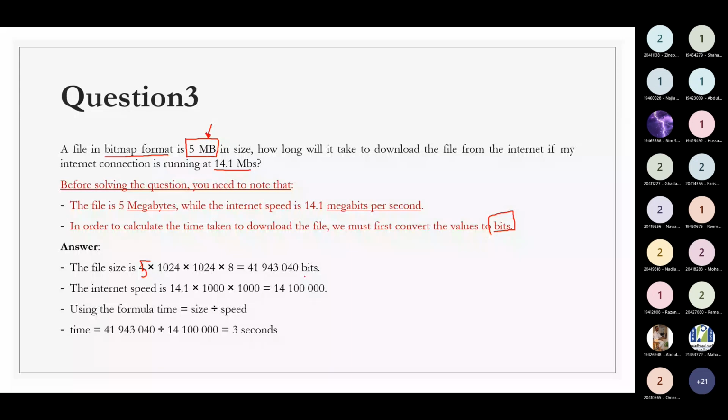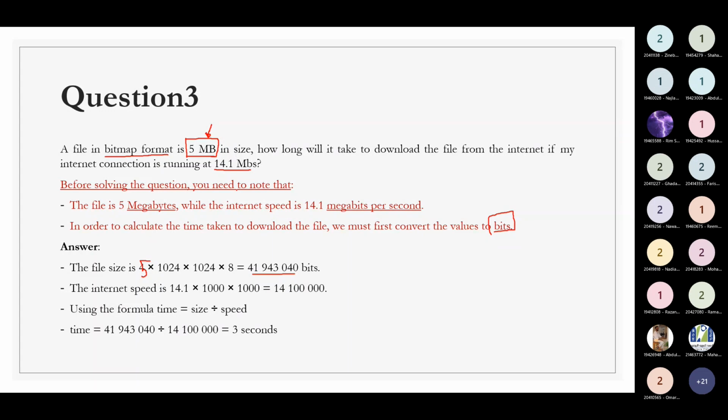So 5 multiplied by 1024 multiplied by 1024 multiplied by 8. So it will be equal to this number. After that, we need to convert the internet speed from megabit per second to bit per second.